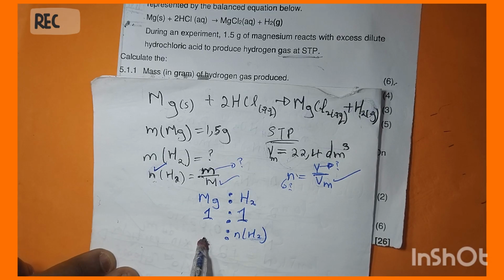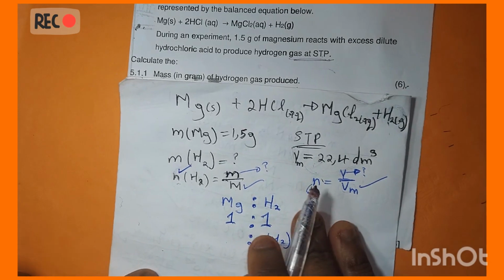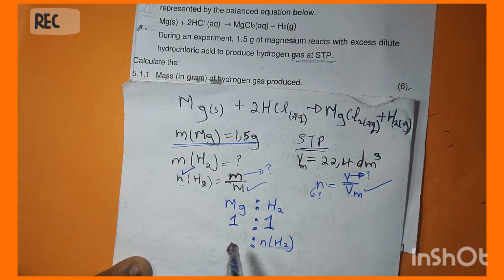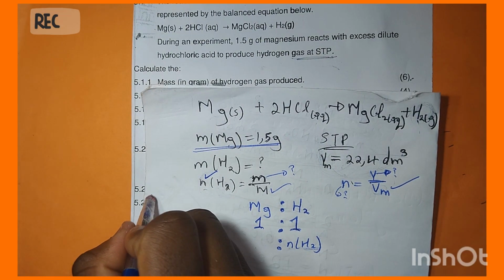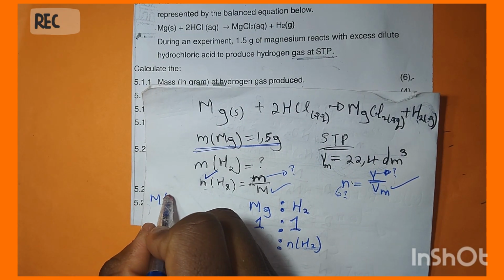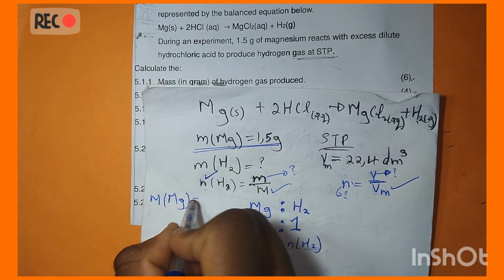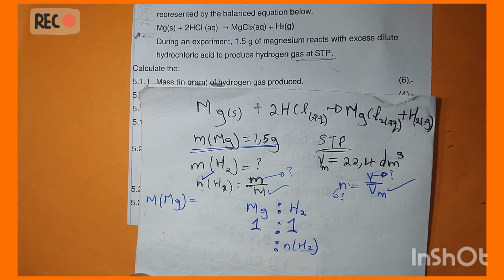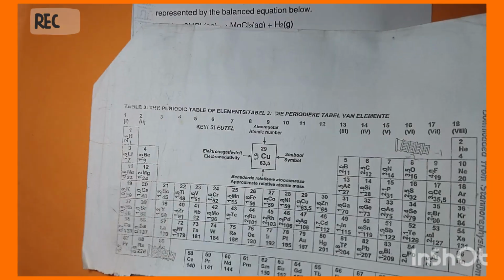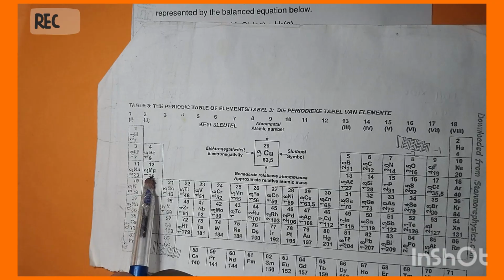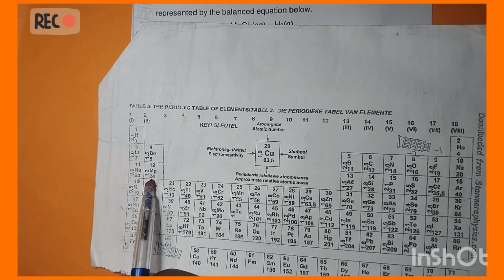magnesium. And for me to know the moles of magnesium, I'm given that information. It means now I'll start from here, by the way. Molar mass of magnesium. I'll use my periodic table there, which is a molar mass of magnesium, it's 24 there. Do you see?